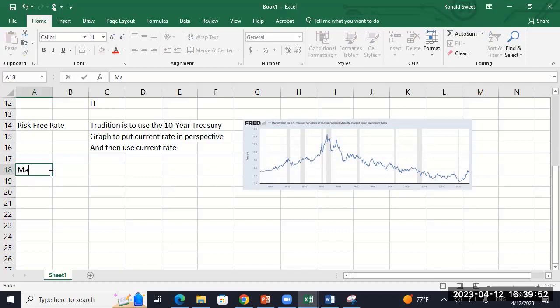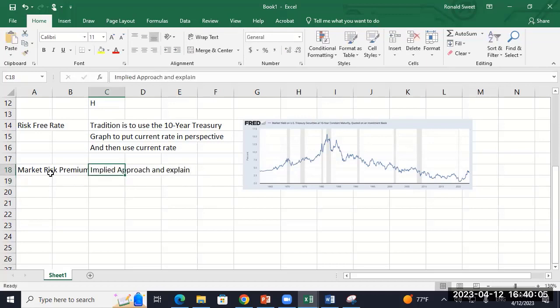All right, then the market risk premium. Here are the points I would make. I'm going to use the implied approach and explain. So for my market risk premium, I'm going to use the implied approach, which assumes the required return on stocks equals the current expected return on stocks. The expected return on stocks is a function of nominal GDP.